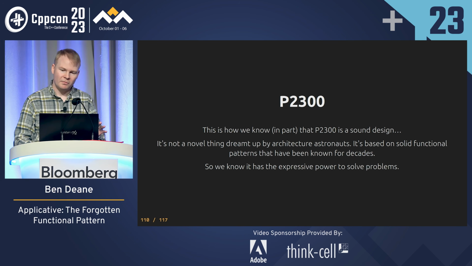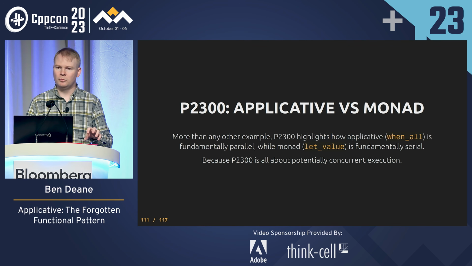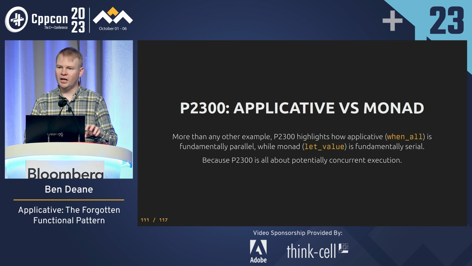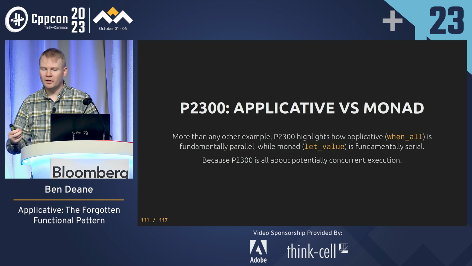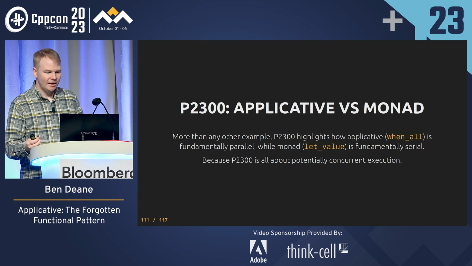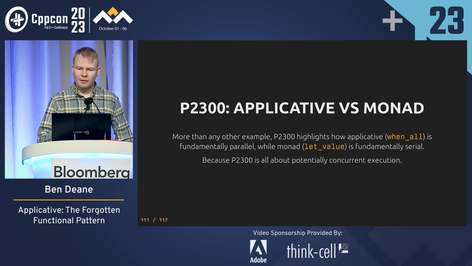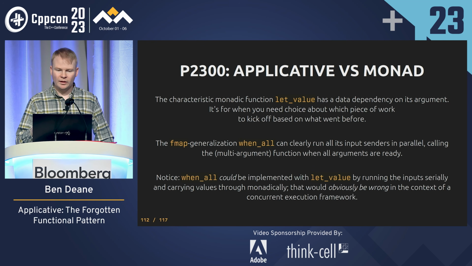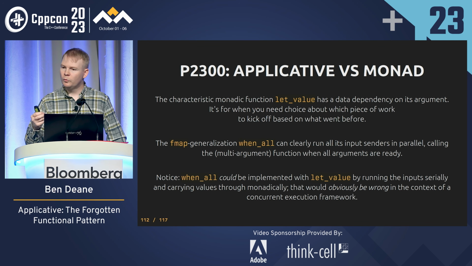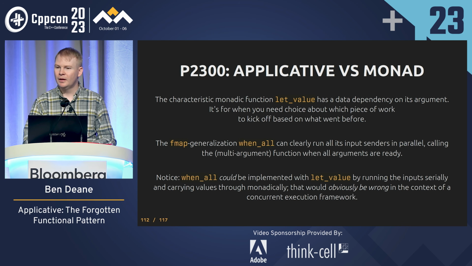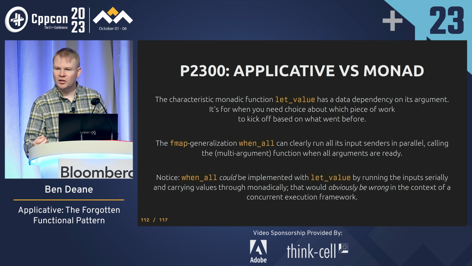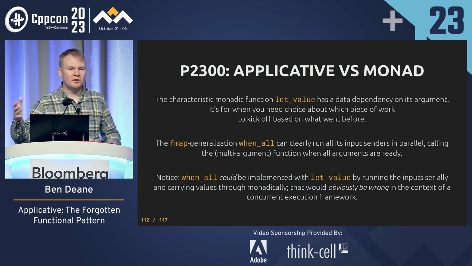Now, just to finish up, I think more than any other example, P2300 highlights the difference between monad and applicative, because P2300 is all about concurrency, right? You could implement when all with the monadic operation. You could implement when all with let value. If you did that, you would have to serialize all of those concurrent operations.